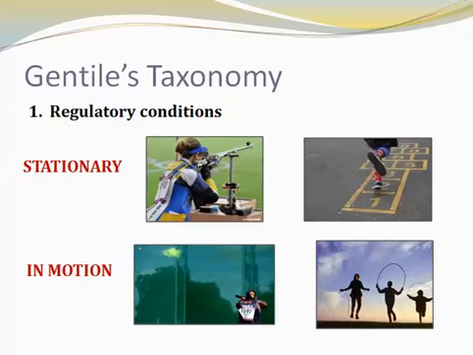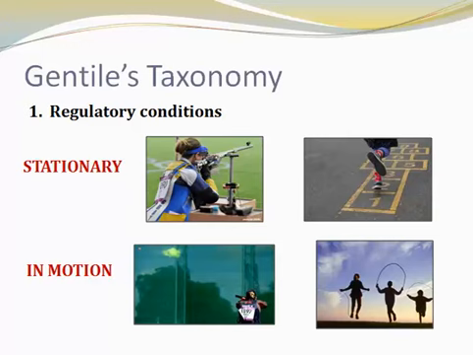So here are some examples from sport and physical activity that describe the regulatory conditions. In the first row, these types of actions would be considered stationary in terms of their regulatory condition within the environmental context.